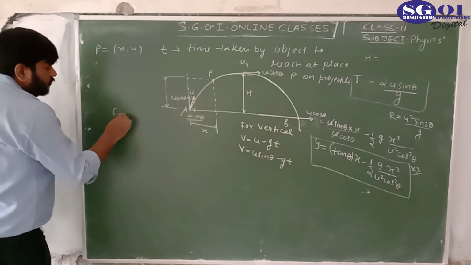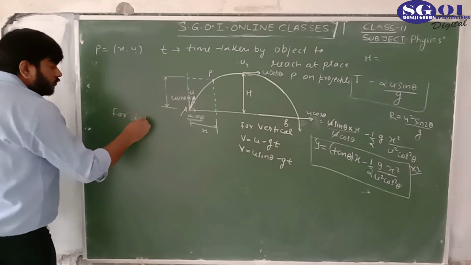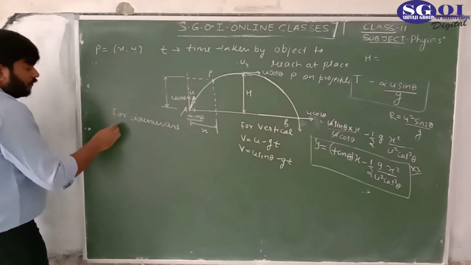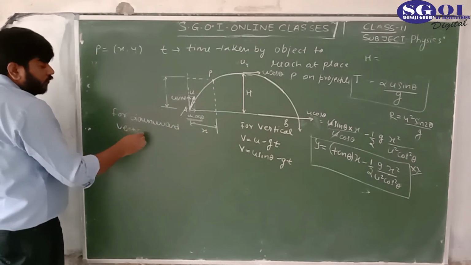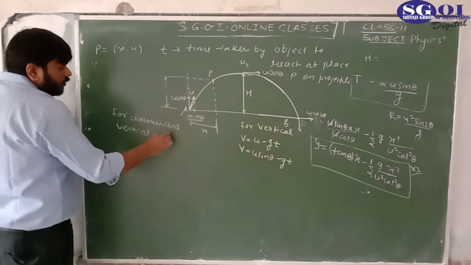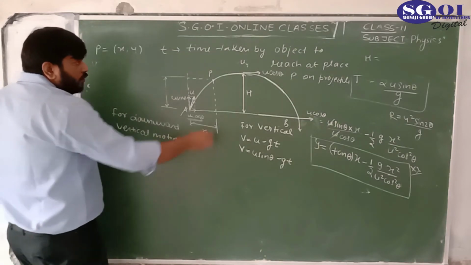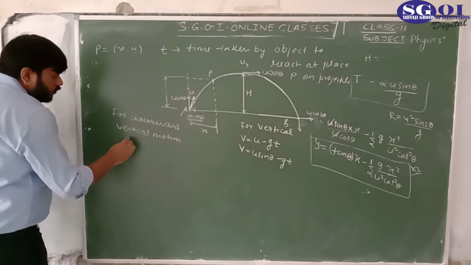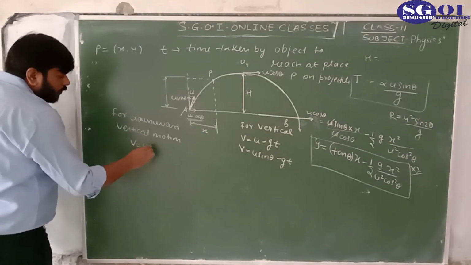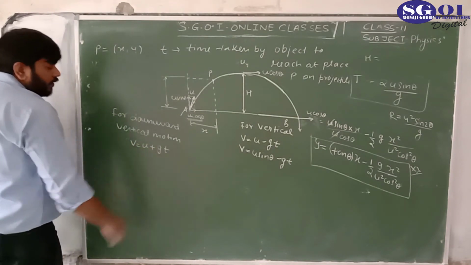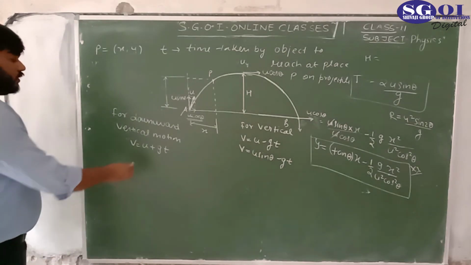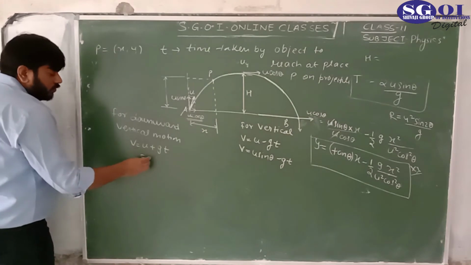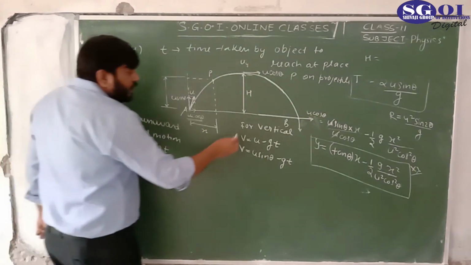For the downward vertical motion from here to here, we could use the formula v equal to u plus gt, where u is 0 here, the initial velocity for the vertical case, and v is the final velocity at this point.